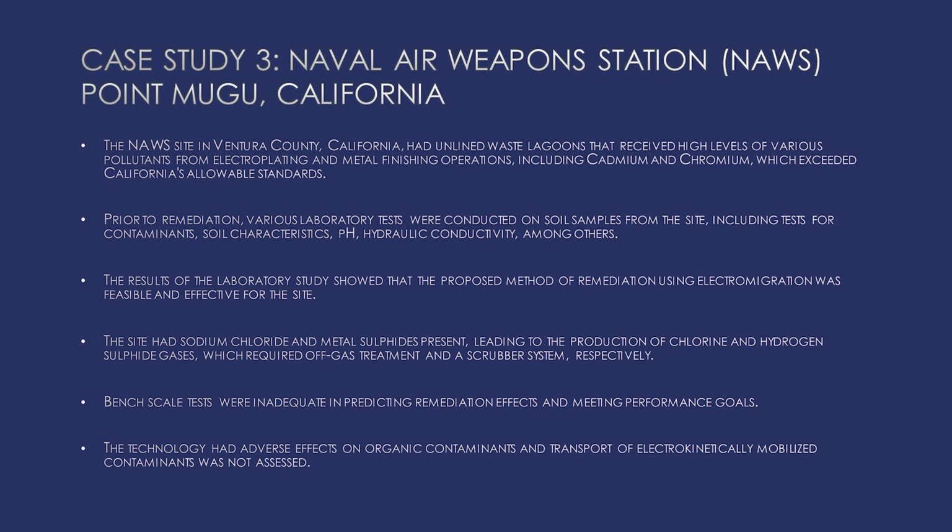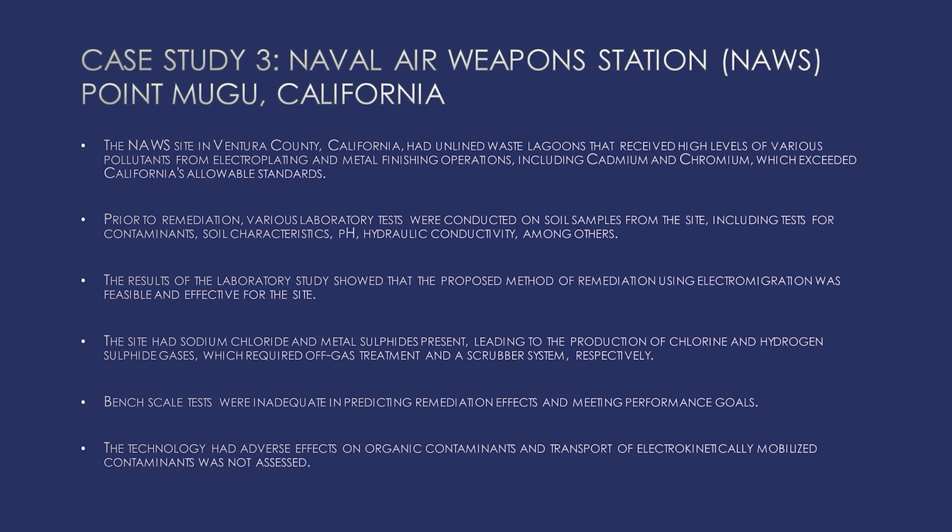The results of the laboratory study showed that the proposed method of remediation using electromigration was feasible and effective for the site. Pinch scale tests were not effective in predicting the actual effects of the remediation process, especially with respect to competing ions and contaminant transport.